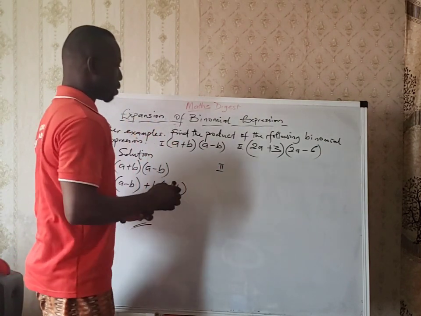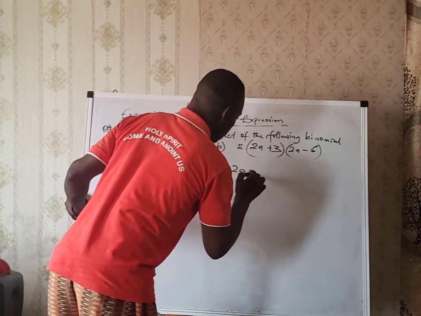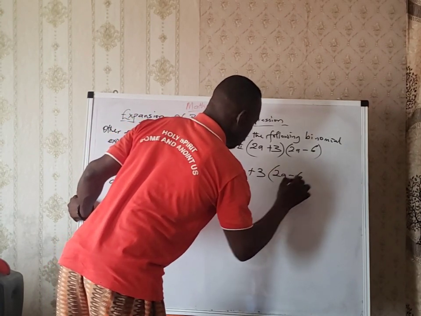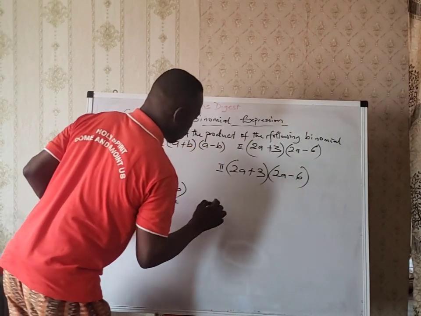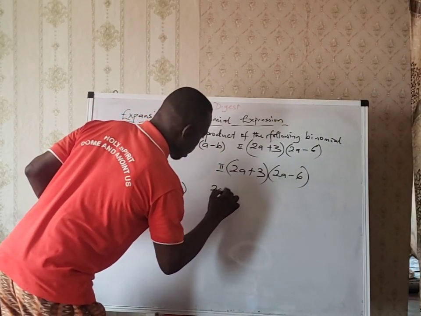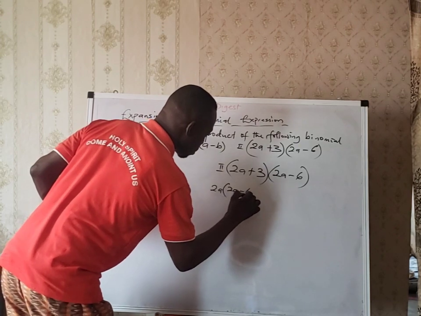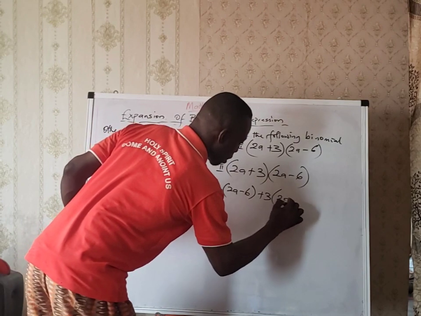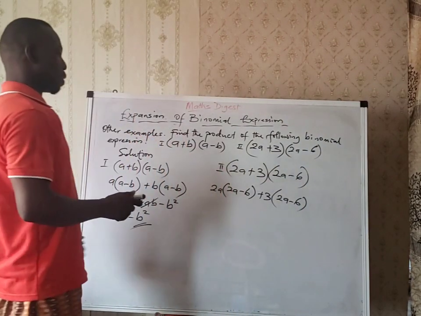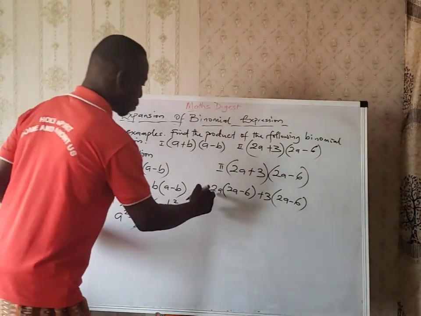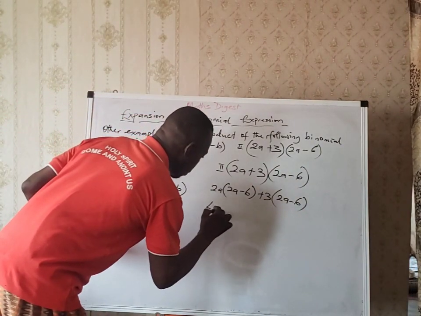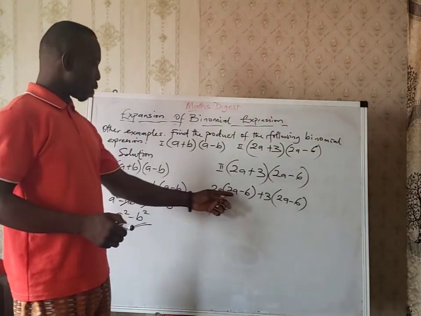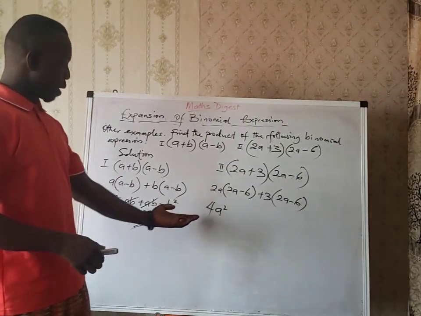The second one says 2a plus 3 and 2a minus 6 are in different brackets. So we say 2a in bracket 2a minus 6, and we have plus 3 in bracket 2a minus 6. We say 2a times 2a will give you 4a squared. Why is it 4a squared? We multiply the numerals, the numbers, and we have 4.